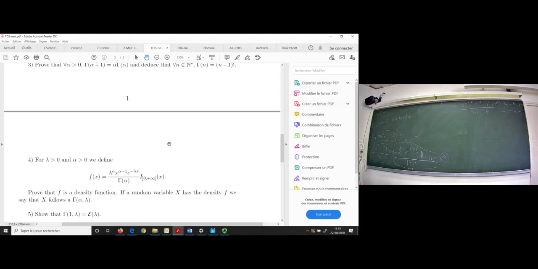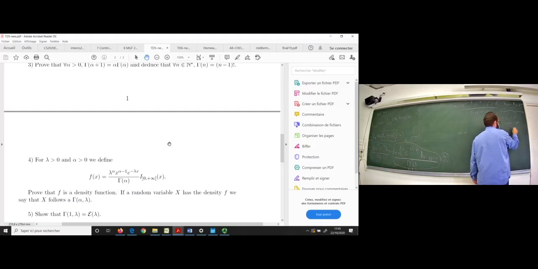Here, the same for S and 1 minus Z. So at the end, S, Z, 1 minus Z have the same sign. It is the meaning of this indicator function.